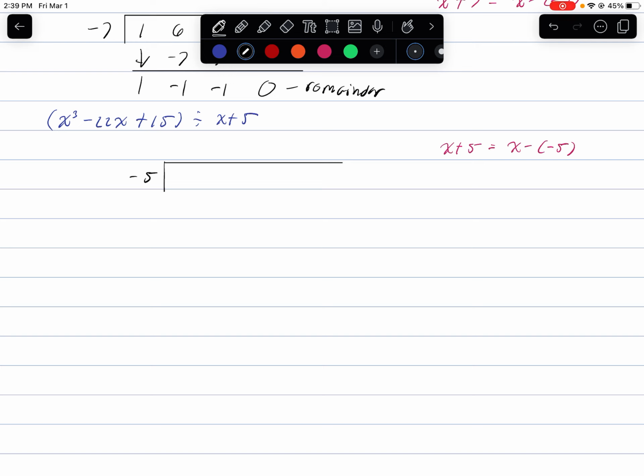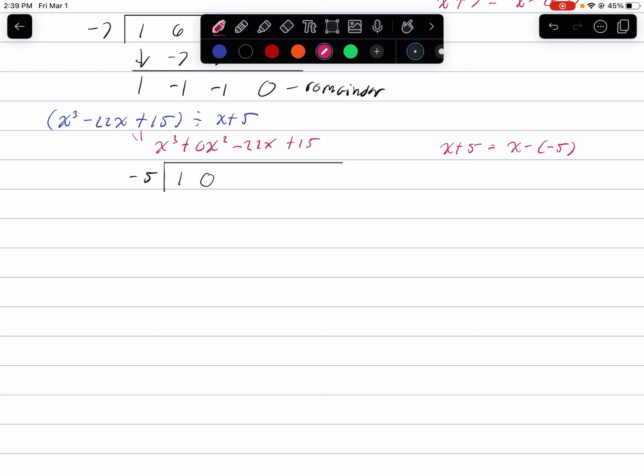So let's start putting in our coefficients. We have 1 for x to the third. But here's where we have to be careful. You'll notice we have x to the third, and then we go right to the x term. We don't have an x squared term. So since we don't have an x squared term, we're going to put a 0 where the x squared term would go. This is because this is equal to x to the third plus 0x squared minus 22x plus 15.